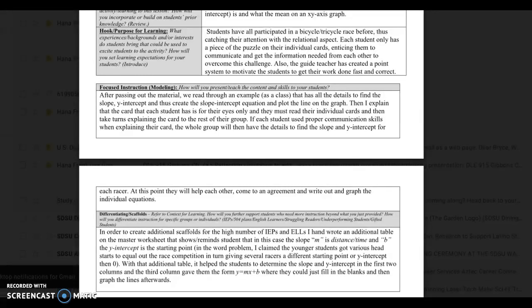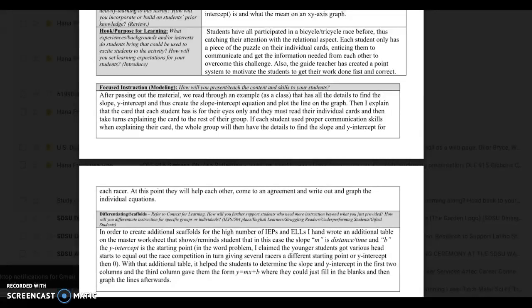Each tricycle racer had a specific rate that they raced at. It may not have been exactly realistic, but it was just for the case of them learning. Each different tricycle racer raced at 2 meters per second or 3 meters every 2 seconds. And every student got an individual card that gave them the details on what their own racer did and how fast they raced.